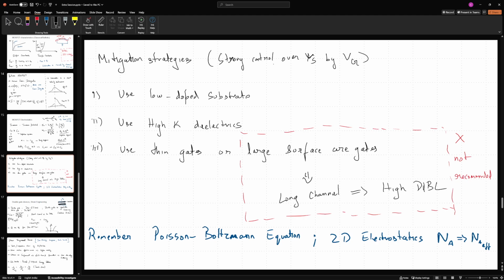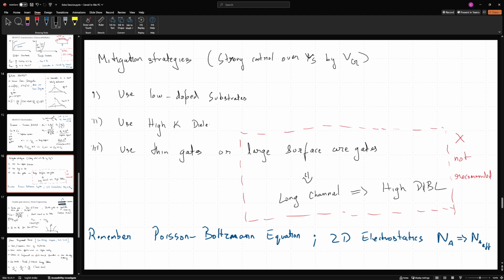One strategy is to use a very low doping in the substrate, but the downside of this suggestion is that the current values are going to be very low because, of course, the doping concentration is going to be very low. Alternatively, I can use high K dielectrics.